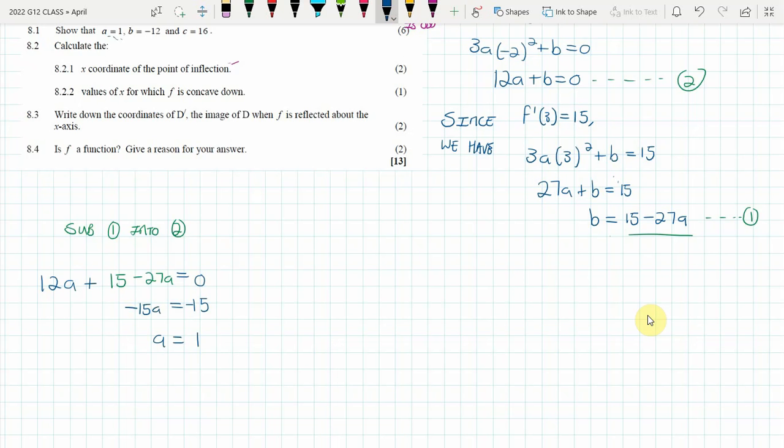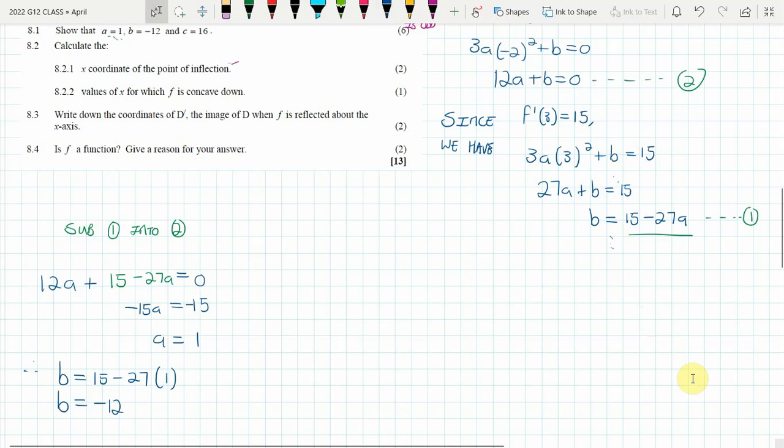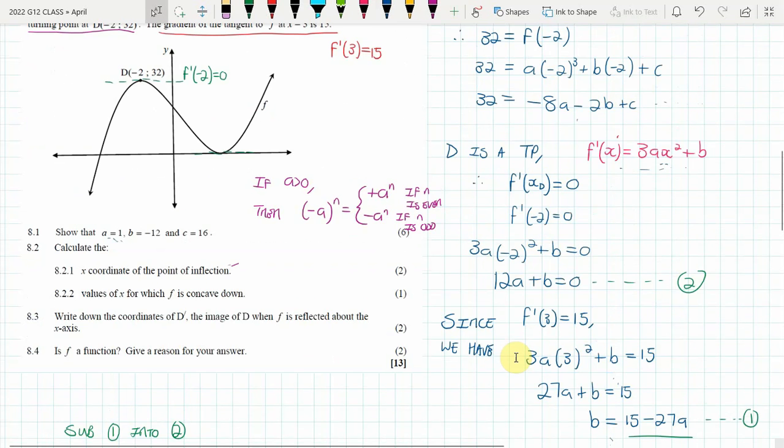Now we can just use this expression to get the value of b. And therefore b will be equal to 15 minus 27 into 1. Now what will be the value of b? It's minus 12. So now let's go back to that equation.